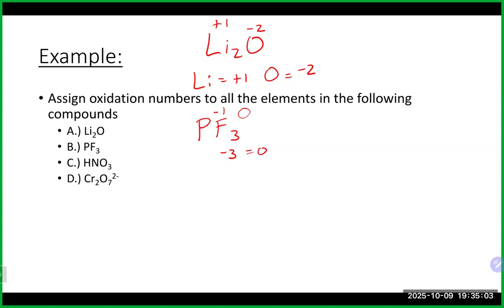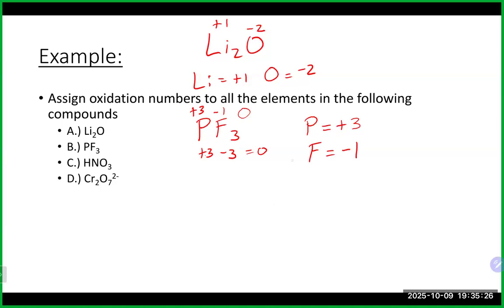That means the phosphorus in this case is going to be +3. +3 and -3 equals 0. And that means the oxidation state of phosphorus is +3, and the fluorine here is -1.